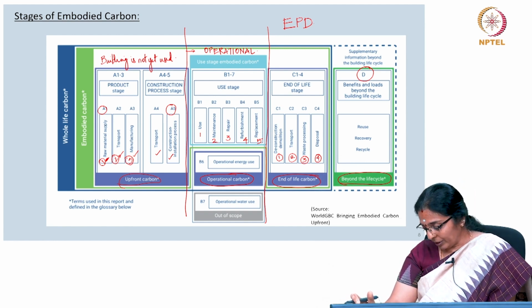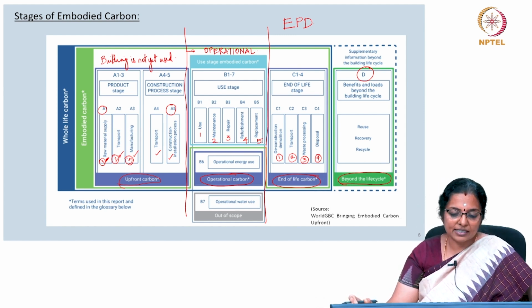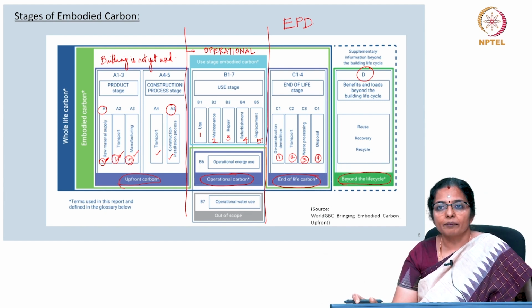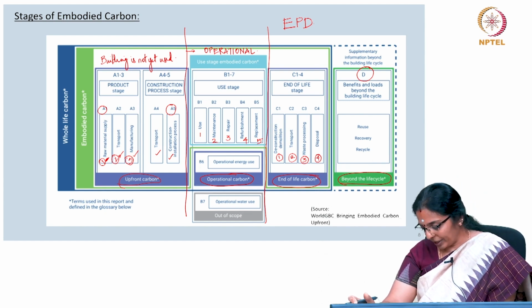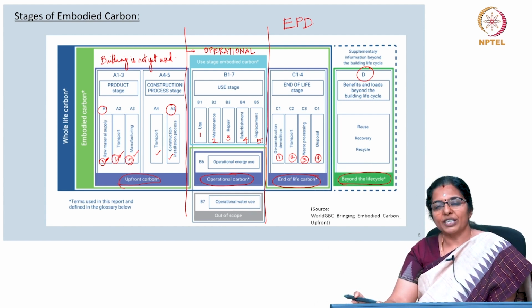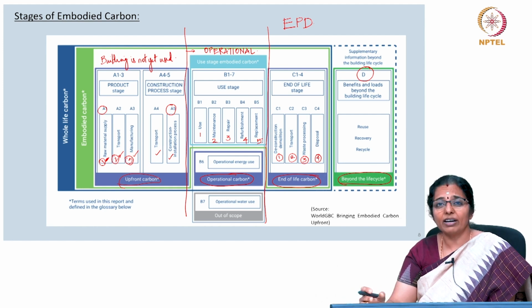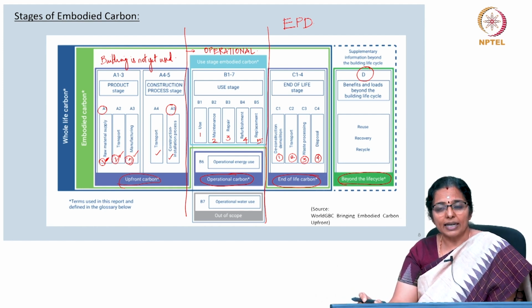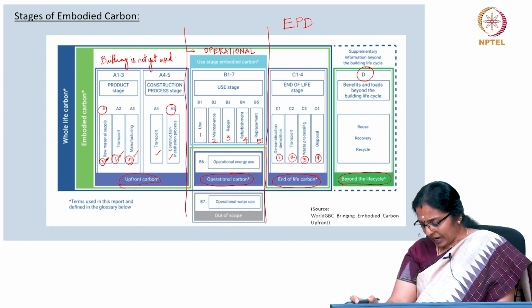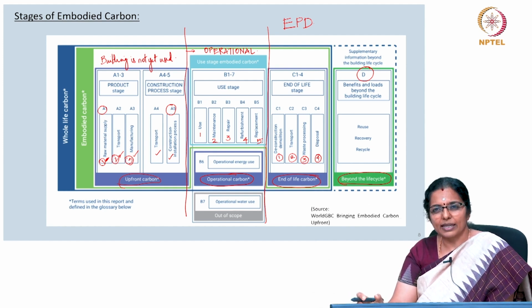So, you are now learning two things. LCA is life cycle assessment and EPD is environmental product declaration. In an EPD, sensitive product information is not given out, which is done in LCA, and you can share EPD with stakeholders.